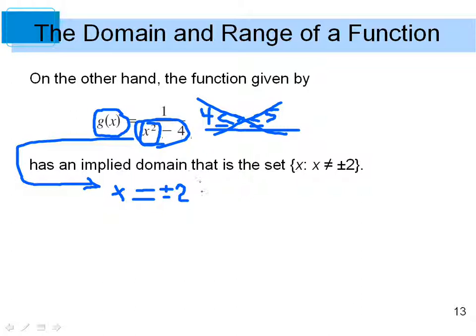And one thing we've learned over the past couple of years is that we cannot divide by 0. 1 divided by 0 is undefined. And so this function works for every x such that x does not equal plus or minus 2. Because for x equal to plus or minus 2, it is undefined. I'll put an UND for undefined. All right?